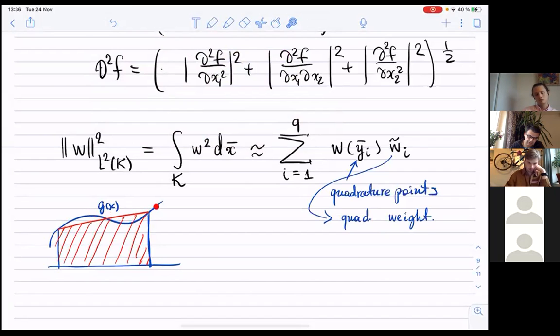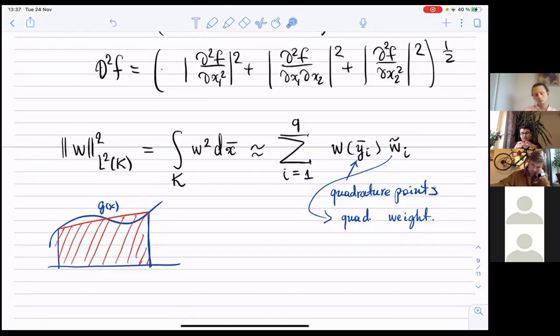Of course, the exact integral is the area covered by this smooth function, but we change it to the trapezoidal rule. It's like the area of this trapezoid.